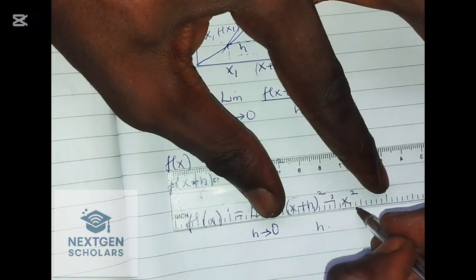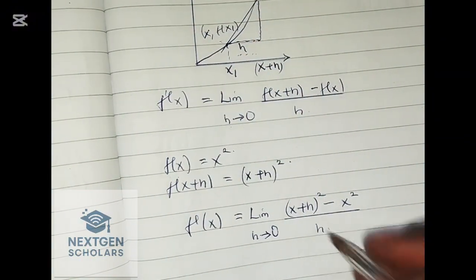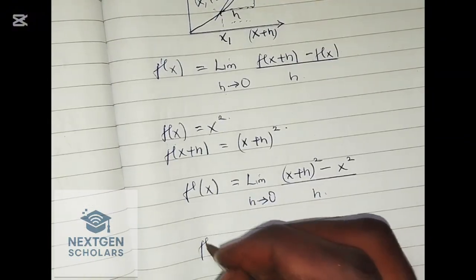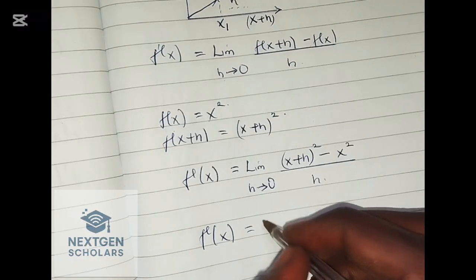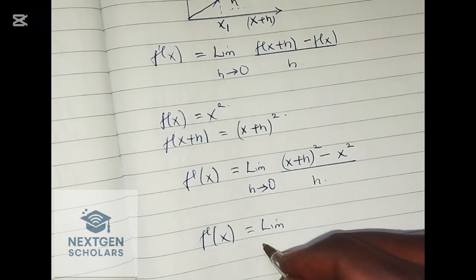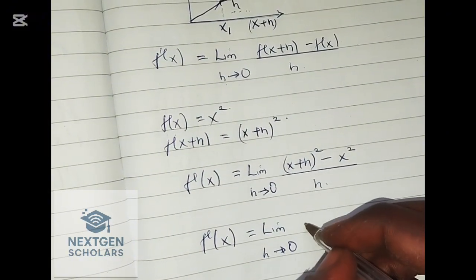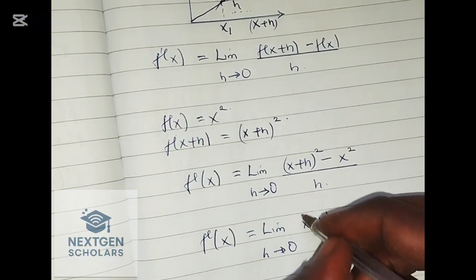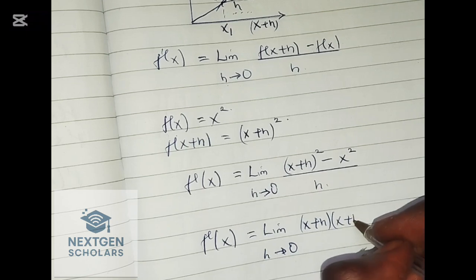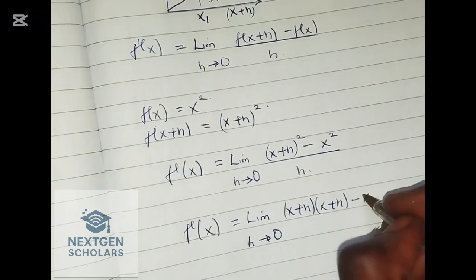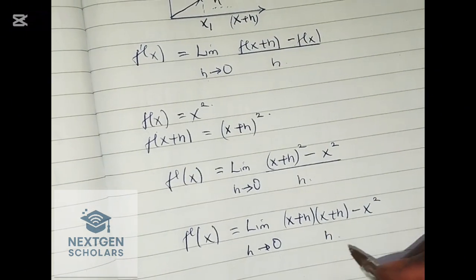Alright, with this, we can expand the function. f prime of x is equal to the limit as h approaches 0 of, to expand that, we have (x + h)(x + h) minus x squared, all over h.